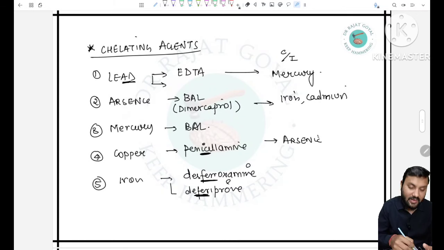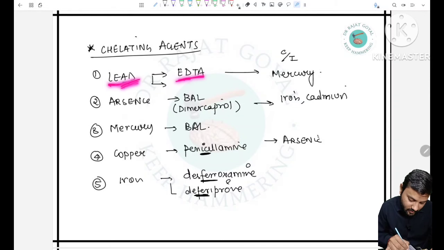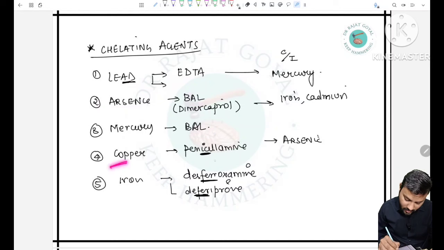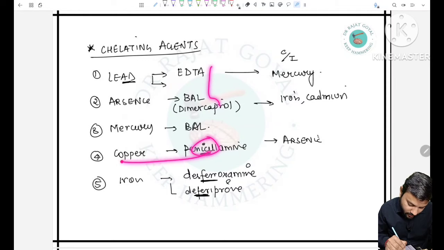Now we will talk about chelating agents, as we have already seen. For lead we can remember from EDTA, for arsenic BAL, for mercury also BAL is there, for copper penicillamine, C is present, and C is not present in any other chelators, so we can remember from the C for copper.